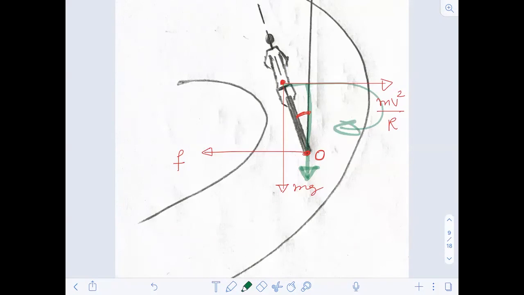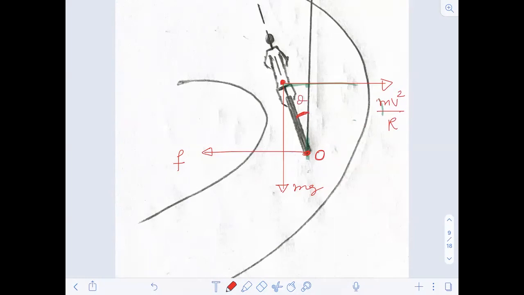But here in our case, we are assuming that he is tilting by the angle theta. So I'm removing this, and we are assuming that this person is actually tilting. So this is theta.